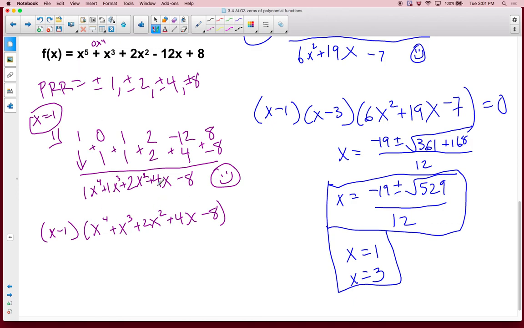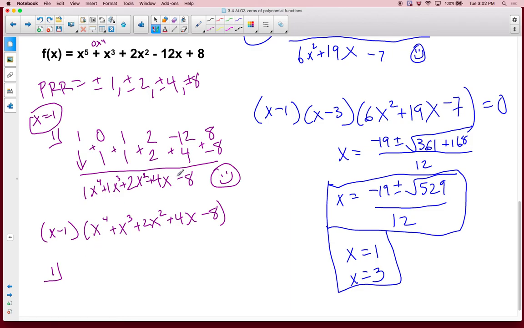When we multiply this out, we're going to get back to this x to the 5th, all that quintic. Okay, so now we need to do this again. And remember we said earlier that sometimes we'll get a multiplicity of a 0. So I'm going to try 1 again and see what happens.